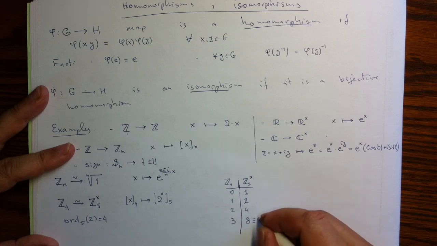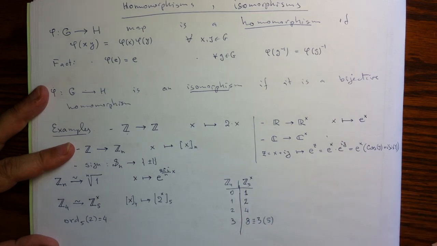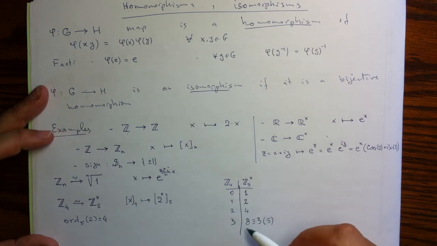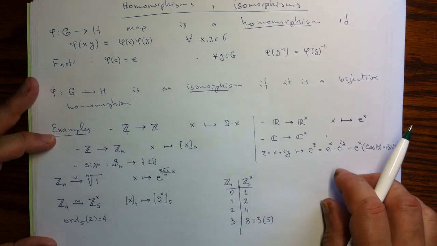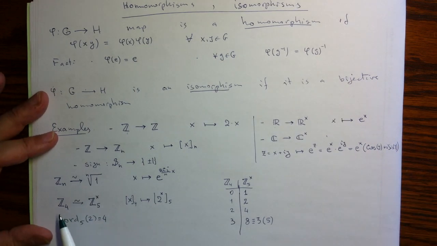But that is congruent to 3 mod 5. And so we see all the invertible integers mod 5, 1, 2, 4, and 3, are listed as values of the homomorphism. So the homomorphism is manifestly a bijection.